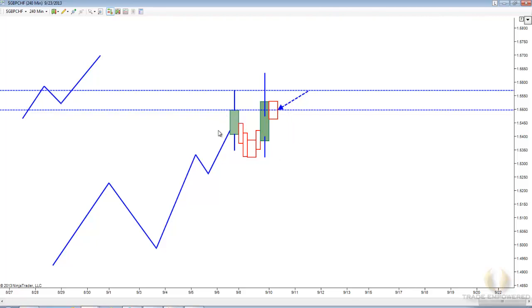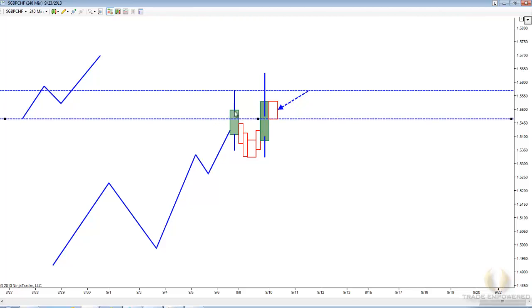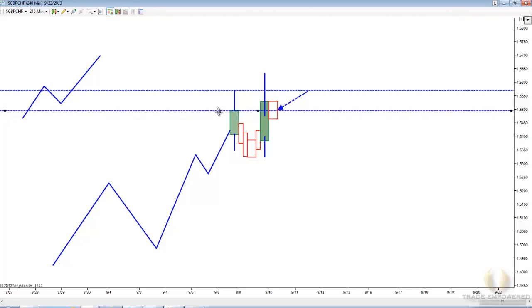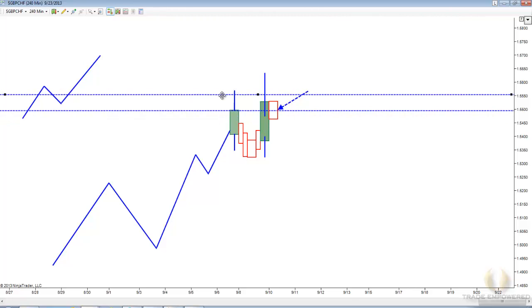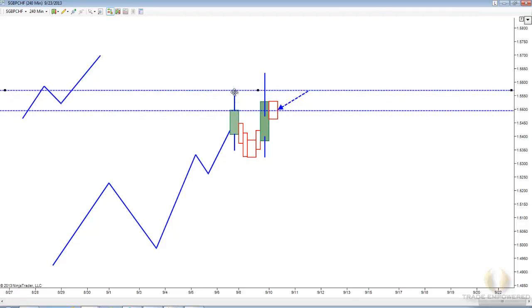So again, we have our initial trigger bar. The key identification levels we want to look at are: where is the highest close? In this case, it's right here, you can see the close of this candle. And where is the highest high? You can see it's right up here at the wick of this candle.